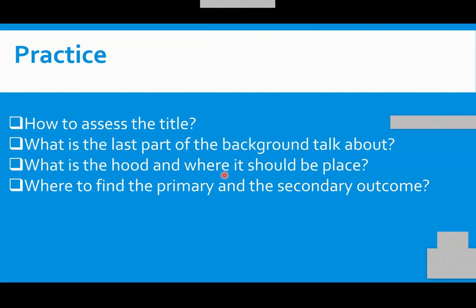Are you sure? You'll find them in two places. In the result, you will find the facts, and in the methodology, you will find the description of the primary and secondary outcomes, because it's part of the study design. Then in the result, you find the facts about the primary and secondary outcomes.